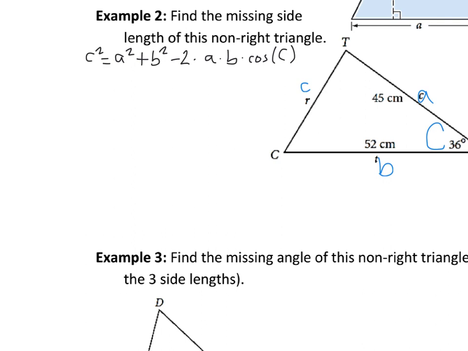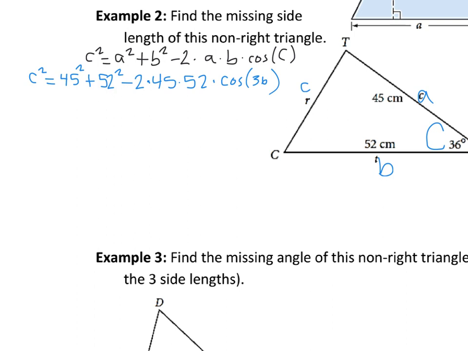So we get c squared equals a, which is 45, squared plus b, which is 52, squared minus 2 times a, which is 45, b, which is 52, times the cosine of C, which is 36.